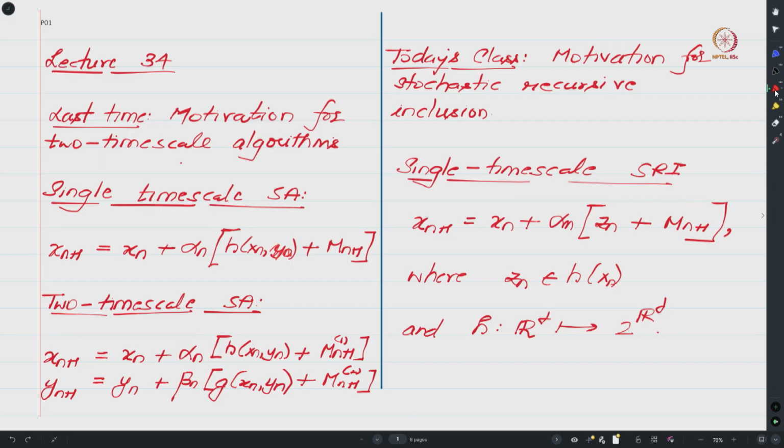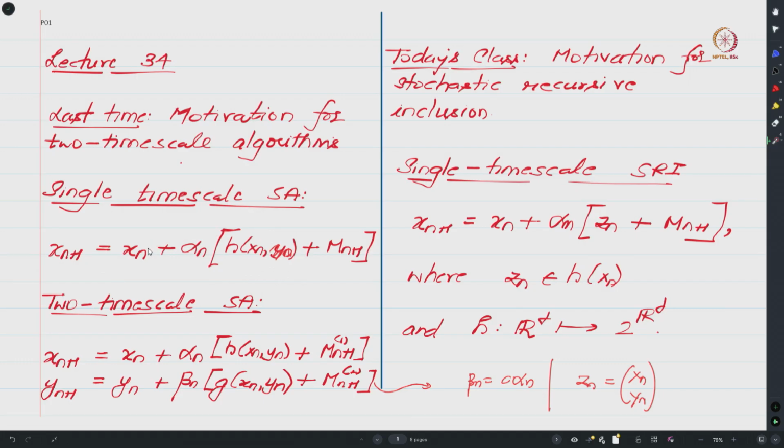By that I mean, suppose your beta n is, let's say, c times alpha n. Then you could club these two variables together, that is zn equals xn stacked over yn, and then you can write an update rule for zn based on these two update rules, and that will have a similar form like this.